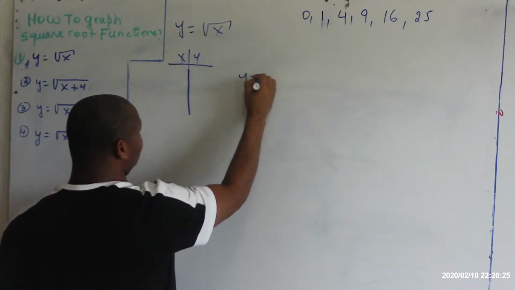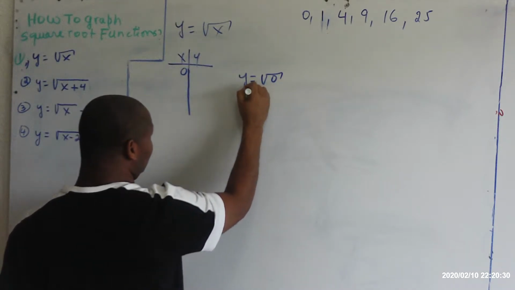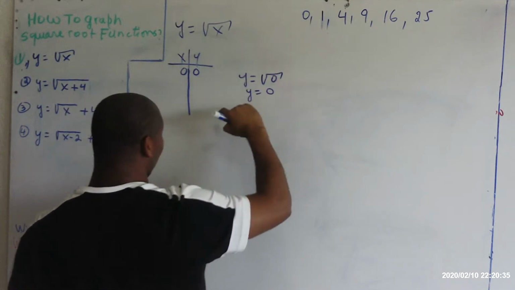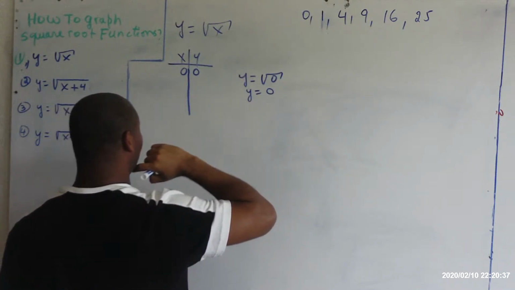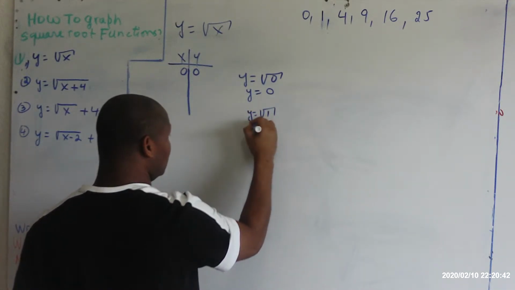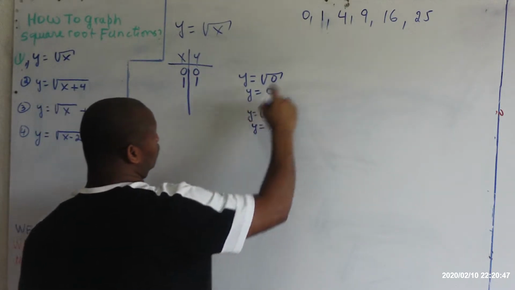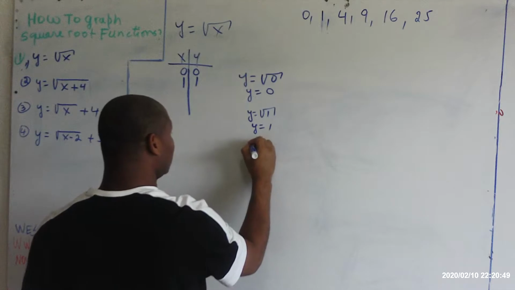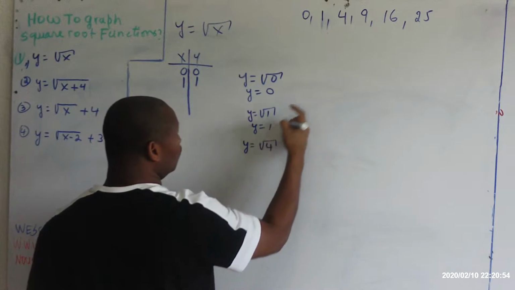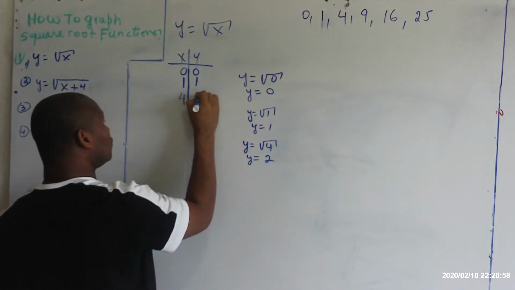So y equals square root of 0. Let's plot 0 right here. The square root of 0 is 0. We can plot 1 because 1 is a perfect square. The square root of 1 is 1. Let's plot 4. The square root of 4 is 2.